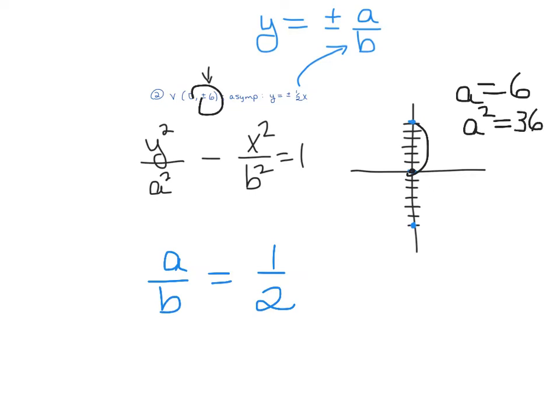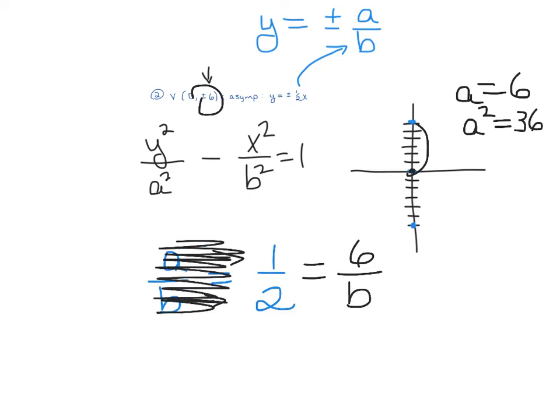But what I'm going to do is I'm going to set up a proportion. I'm putting my a values in the numerator and my b values in the denominator. So both of the top numbers here are a values, and both of the bottom numbers are b values. So now that I've set up the proportion, now I can cross multiply and divide and figure out what b is. So I would multiply 1 times b and 2 times 6.